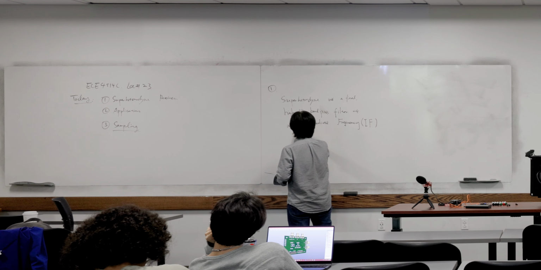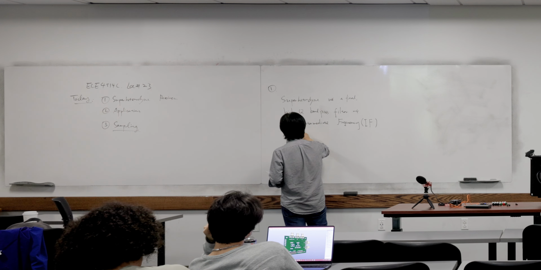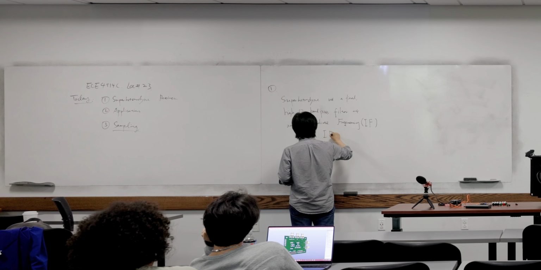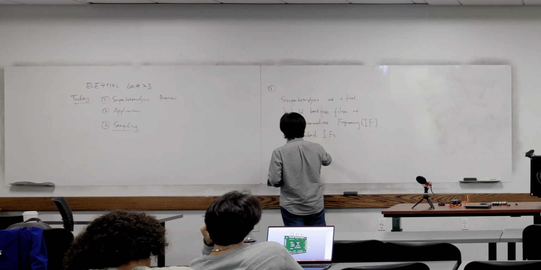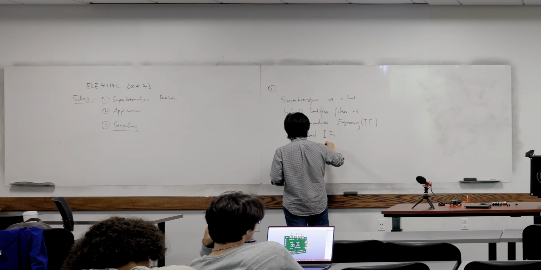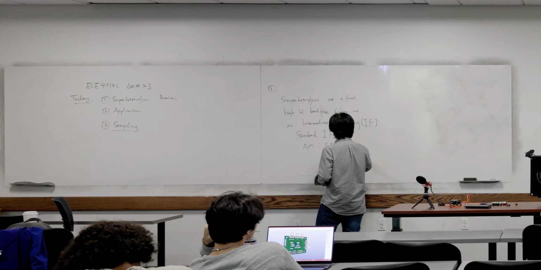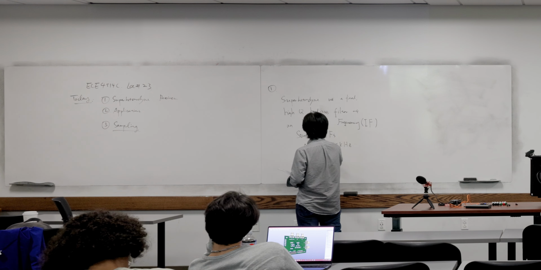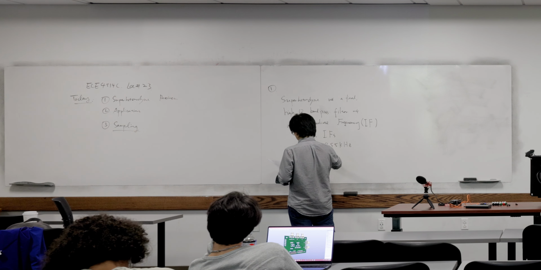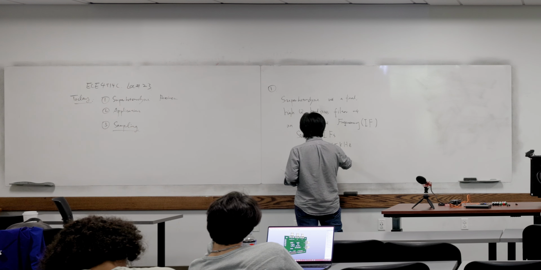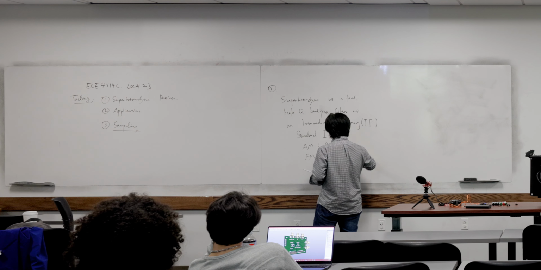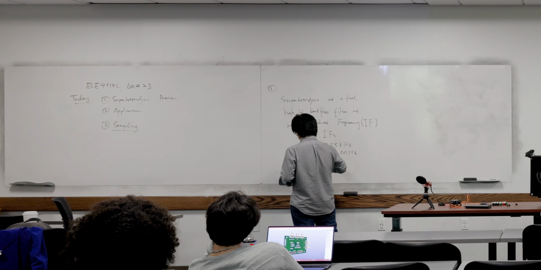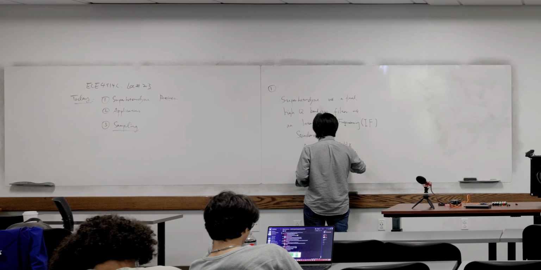The standard IF frequency is as follows. For AM, that is 455 kilohertz. For FM, that's about 10.7 megahertz, and for TVs, that's about 38 megahertz.